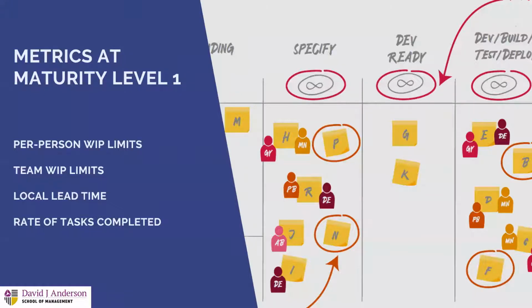The metrics that you can start collecting at maturity level 1. You can start introducing per person WIP limits and observe these work in progress limits, the same at the team level. You should start measuring your lead time, local lead time. And if you don't measure lead time yet, like very, very basic lead time, just 2 dates, start date, end date.